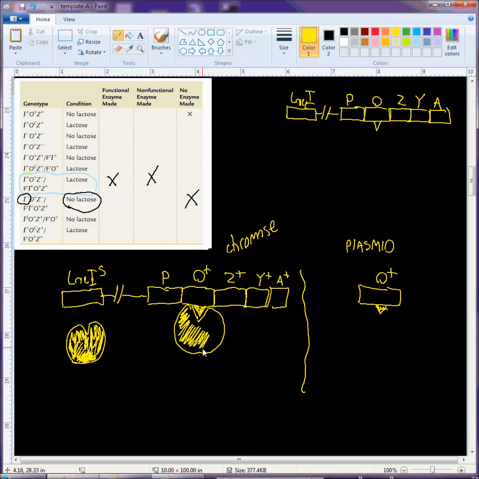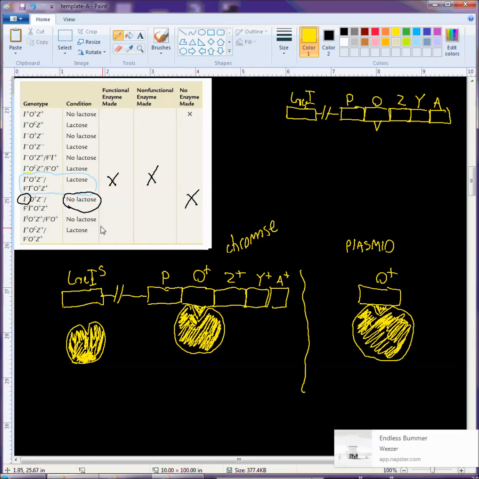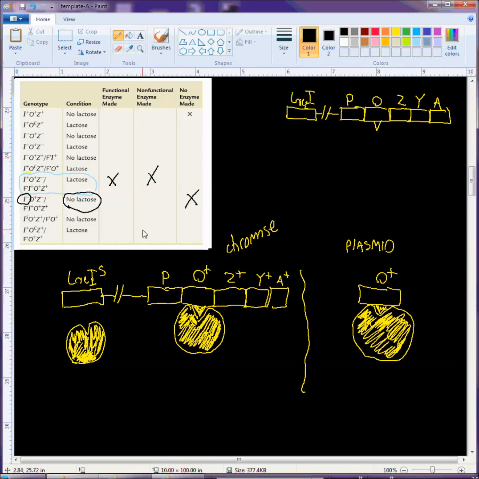I didn't even look at the question yet to see if the authors are asking us to consider the case when lactose is present or not present, because it doesn't matter. The super repressor is always going to be bound to both operators on the plasmid and the chromosome, whether lactose is there or not. And the authors say no lactose, and I say, who cares? So none of these enzymes are going to be made. Okay, just like that. That was easy.